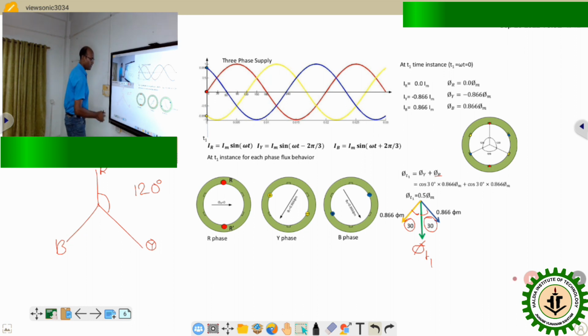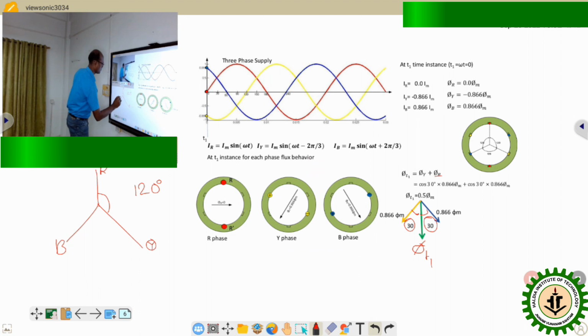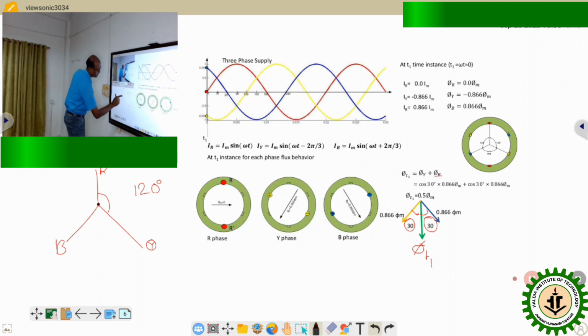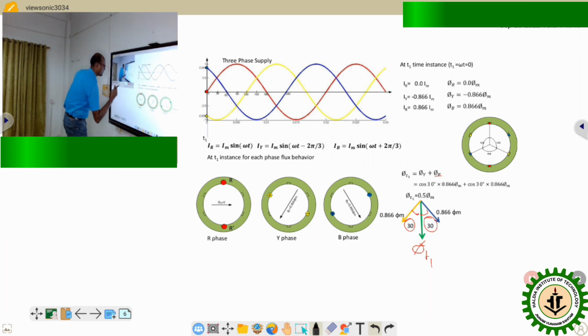Now if we consider, I took a different color. It will generate, with respect to that, the flux which is, okay, so the three phase.